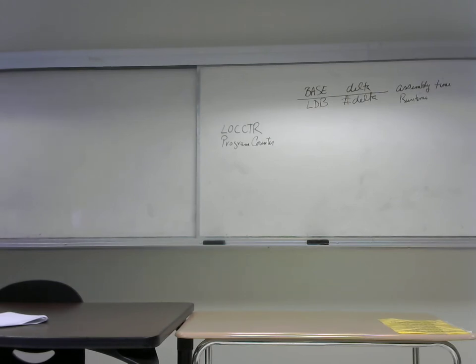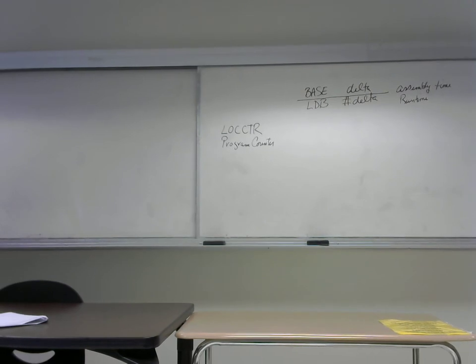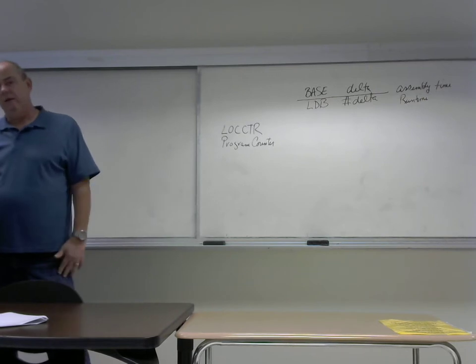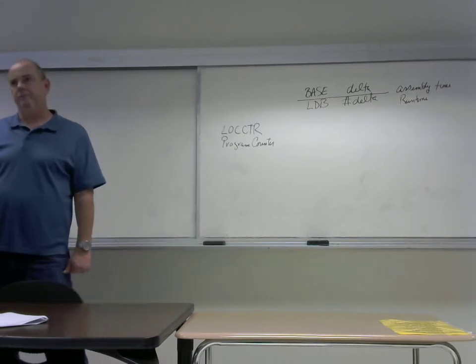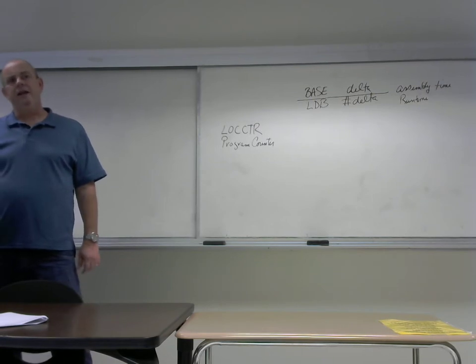You guys know this, right? But the program counter is a register that holds the address of the next instruction to execute, and that's only at runtime. So location counter you use during assembly, but the program counter you use when you're actually running the program. And it makes sense.